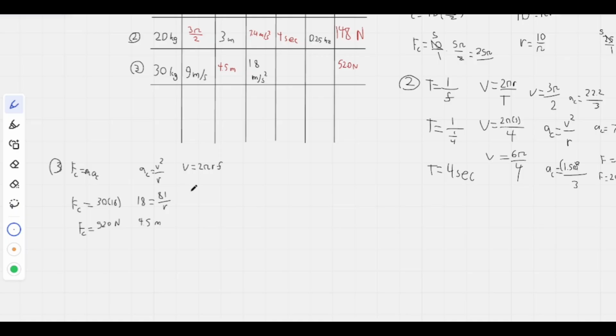Now our V is equal to 9, equals 2 pi. Our radius equals 4.5. And our frequency is the thing we need to find out. So we can multiply these two, we get 9 equals 9 pi F.